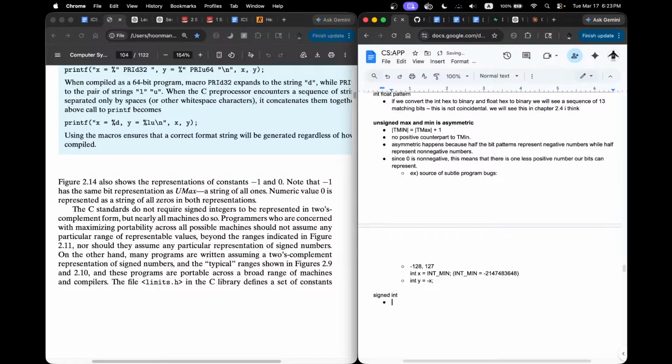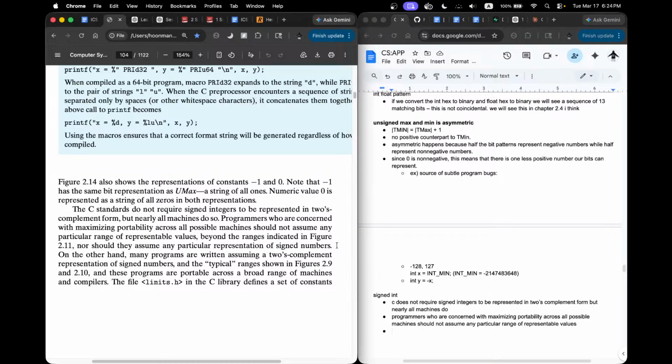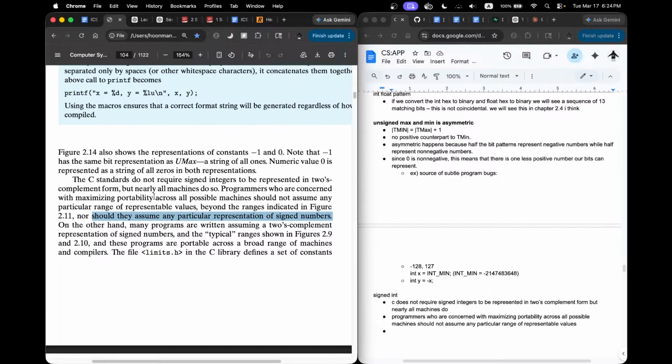That is so interesting. Oh my god. Beyond the ranges indicated in figure 2.1, nor should they assume any particular representation of signed numbers.